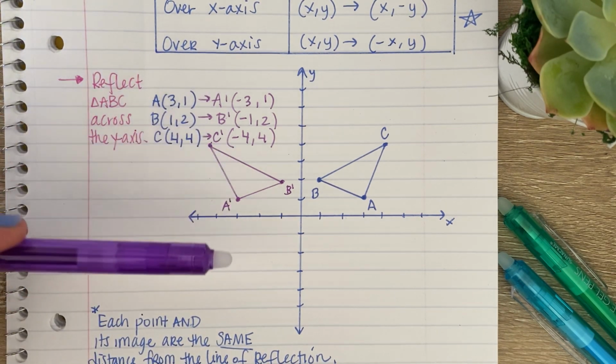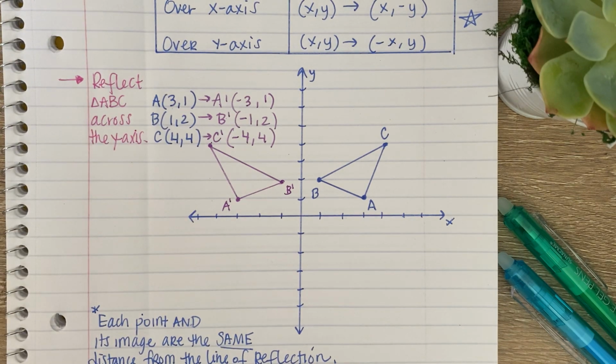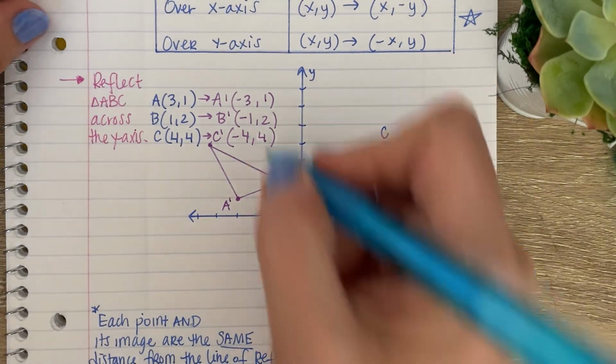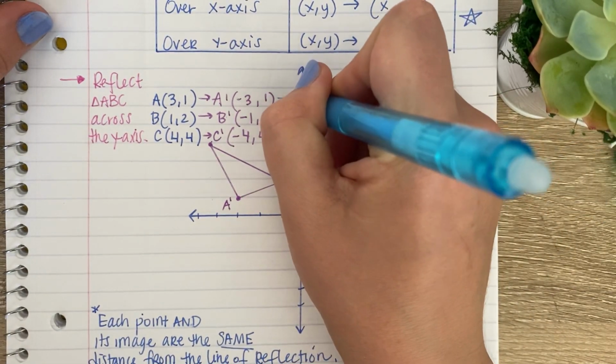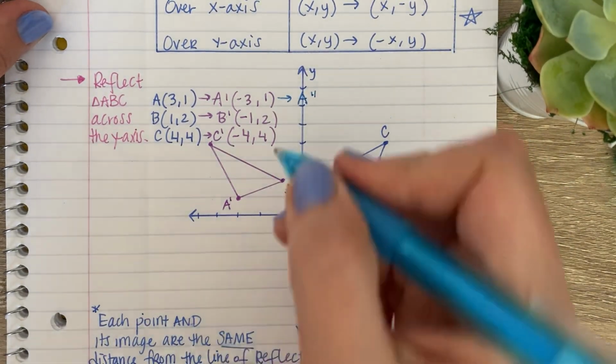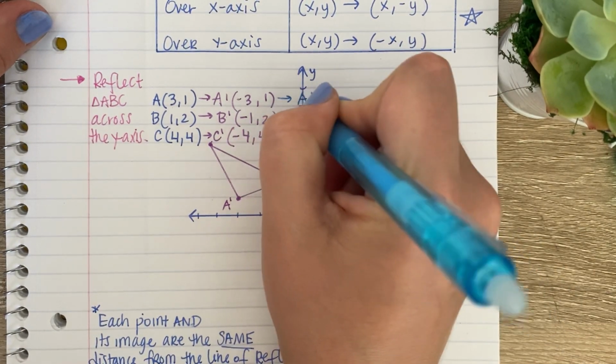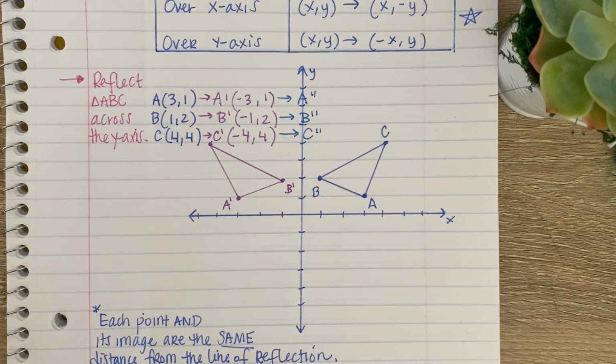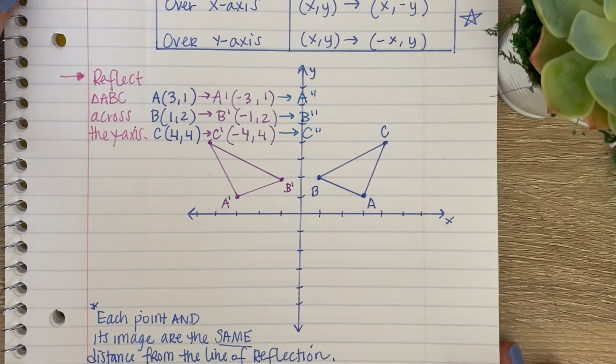So it's going to be flipped right over here into quadrant 3. Okay, so because we're taking a prime triangle and we're transforming it again, it is now A double prime, B double prime, and C double prime. Let's go ahead and use the rule to find our new points.